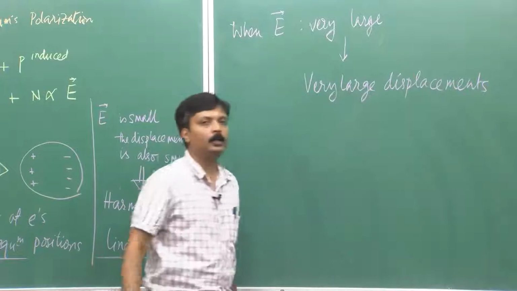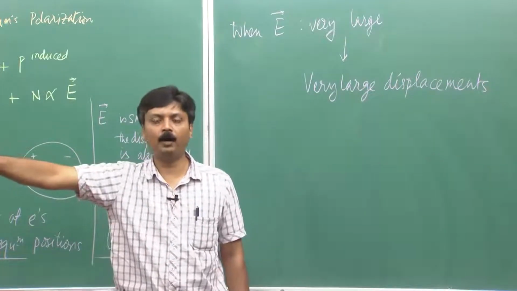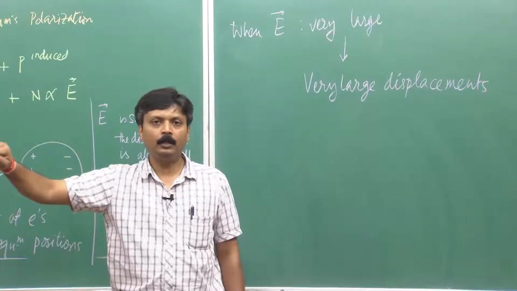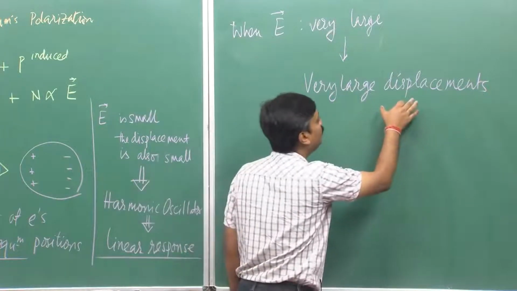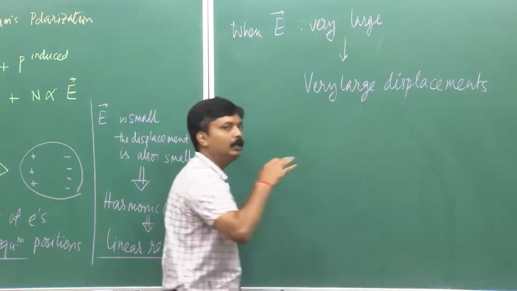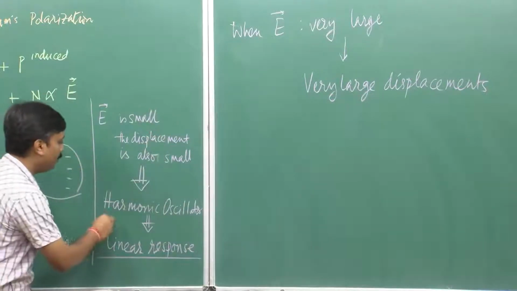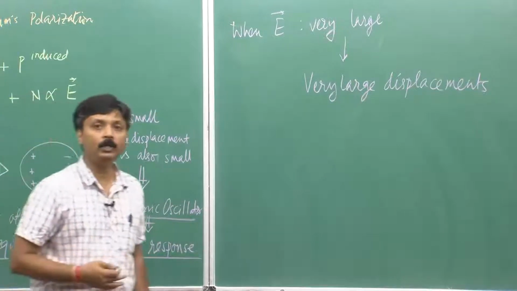Right. So, if the electrons move very far with respect to their equilibrium position, then what will happen? Then I do not have the same condition as I was having earlier, that is, I will not have the condition of a harmonic oscillator.